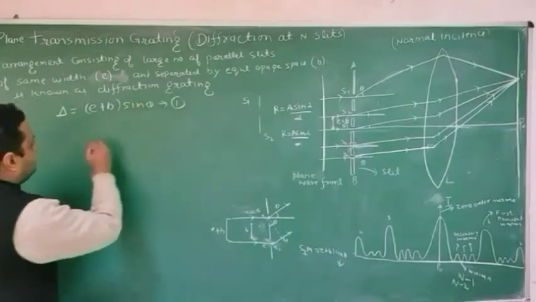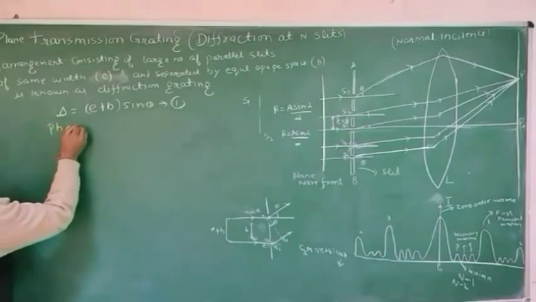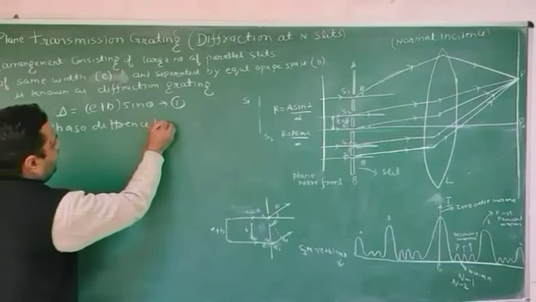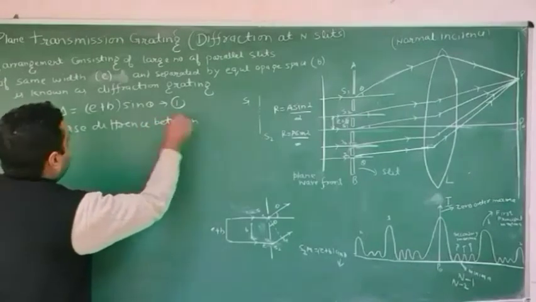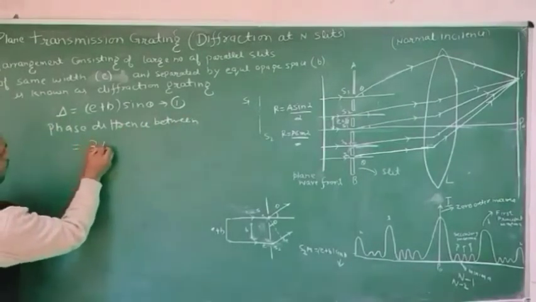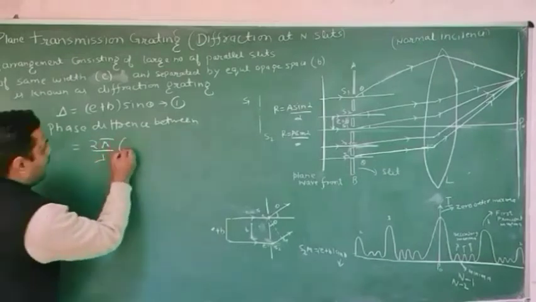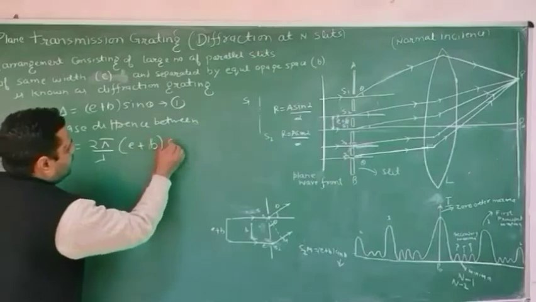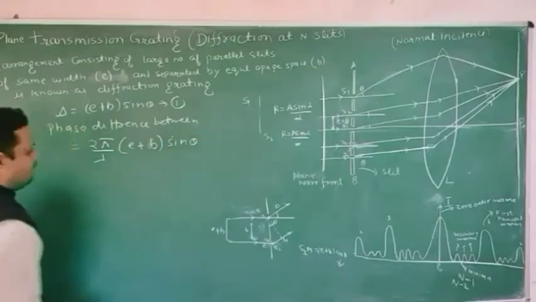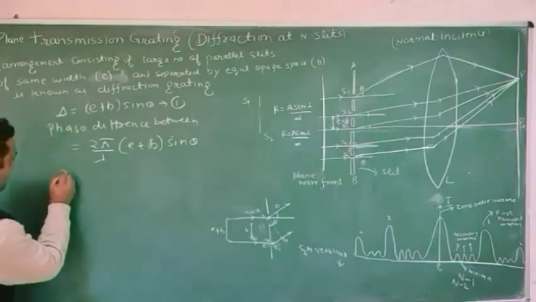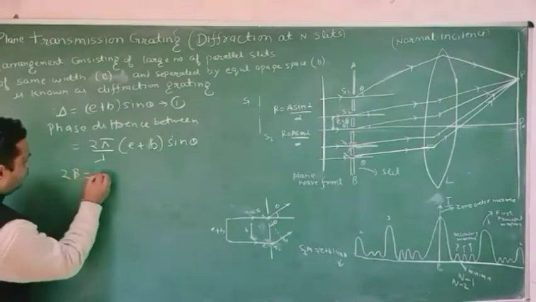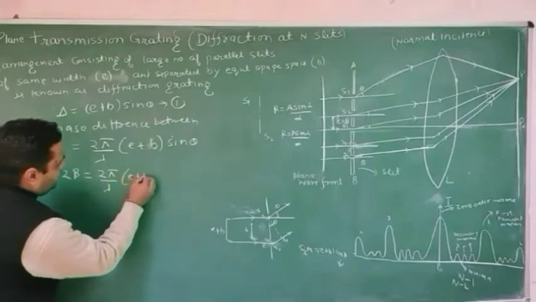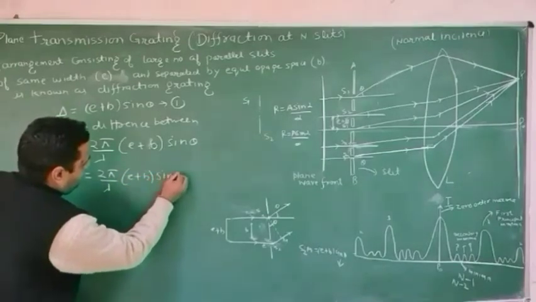Now the phase difference between these two rays is 2 pi by lambda times (e plus b) sin theta. We consider this phase difference as 2 beta: 2 beta equals 2 pi by lambda (e plus b) sin theta.